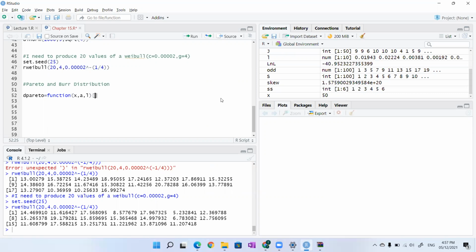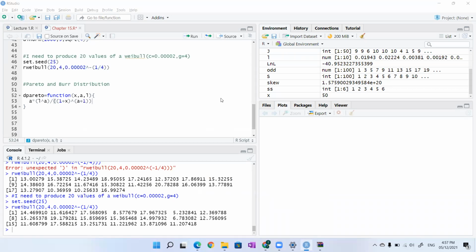Then I will open a curly bracket here and here you will write your formula. This would be nothing but alpha multiplied by lambda raised to alpha, divided by bracket 1 plus x, the whole raised to alpha plus 1.